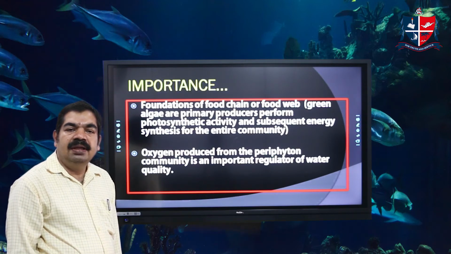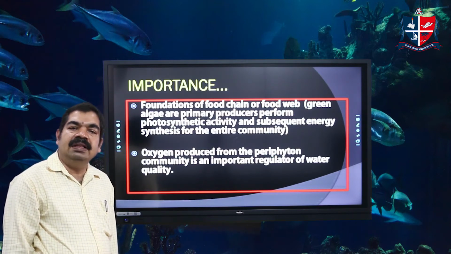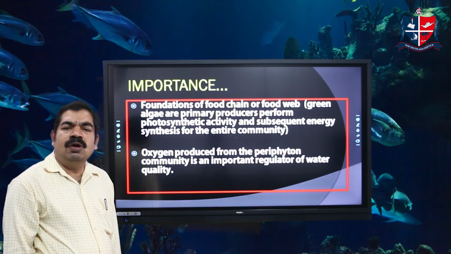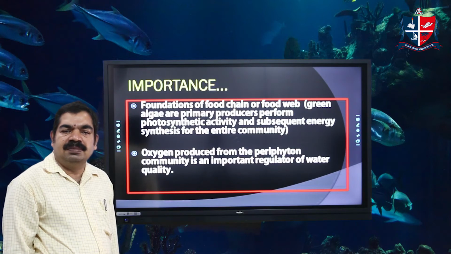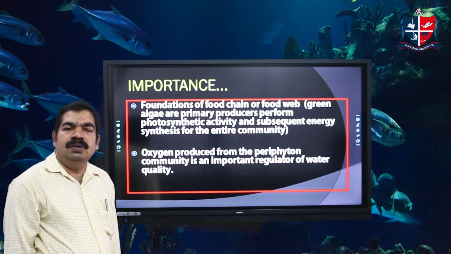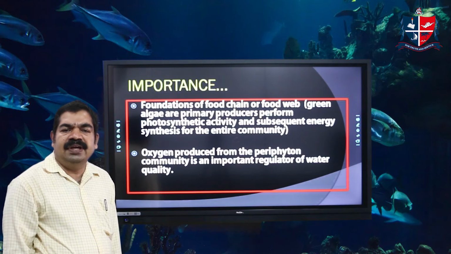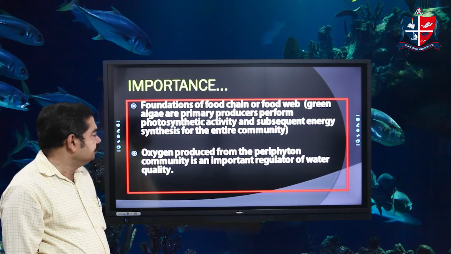Obviously, this blue-green algae has the capacity to produce its own energy, so they are autotrophic organisms. That energy can be utilized by the other organisms in the periphyton community. That is a very good advantage as far as periphytons are concerned.